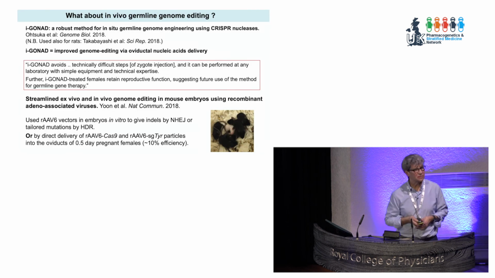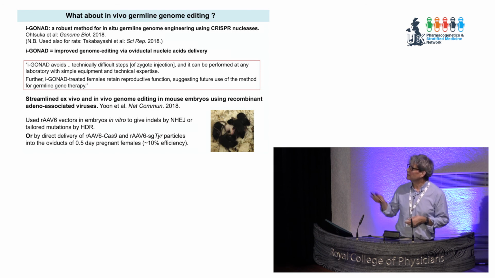There are also methods, by the way, that you can try to do this in vivo. You could mention spermatogonial stem cells. You could inject the genome editing components into the testis. Don't say ow too loudly. You might get enough spermatogonial stem cells to have some chance of passing it on to your offspring.